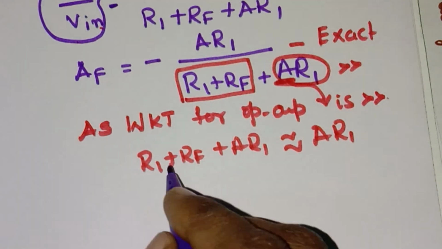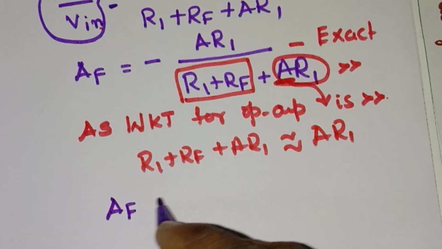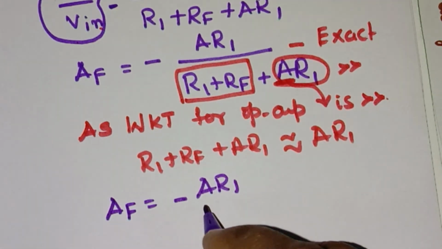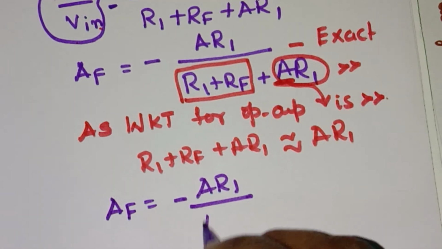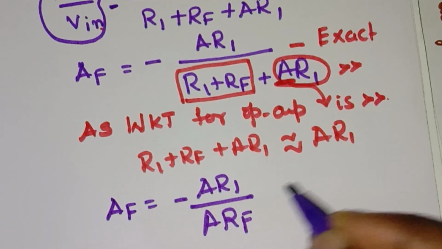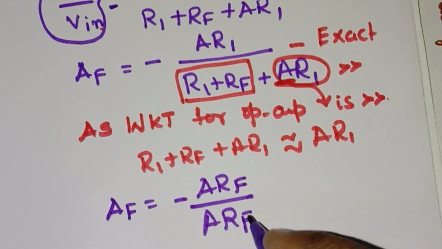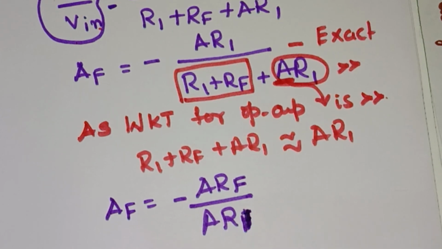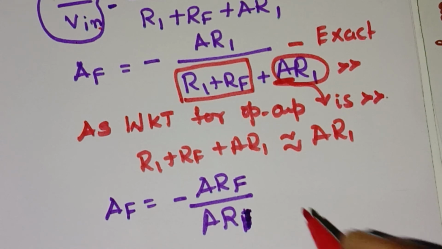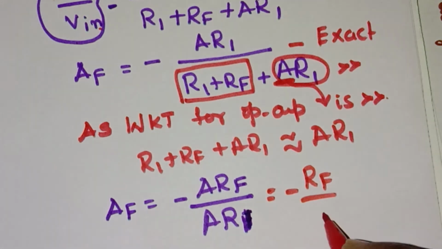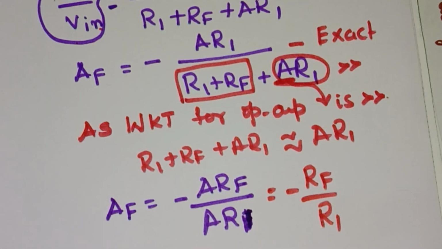So AF is equal to minus A times RF divided by A times R1. Sorry, this is your RF and this is your R1. Correct? And what you get here is minus RF divided by R1.